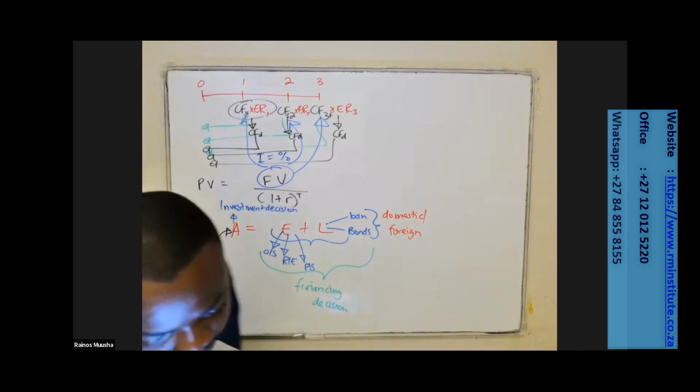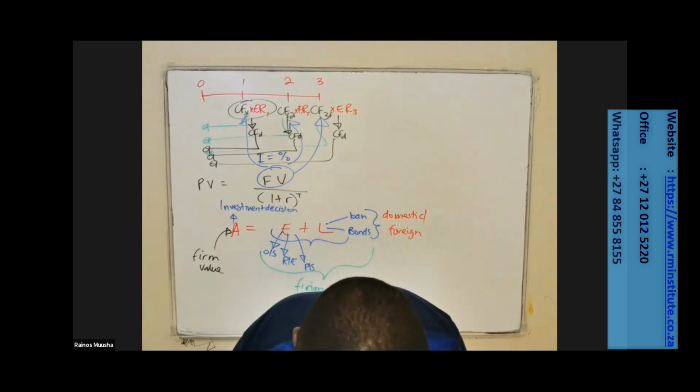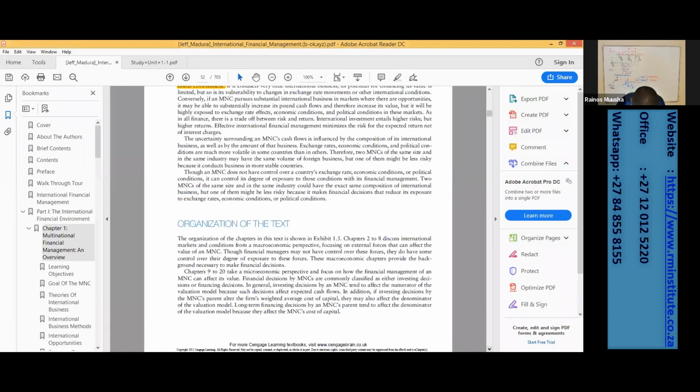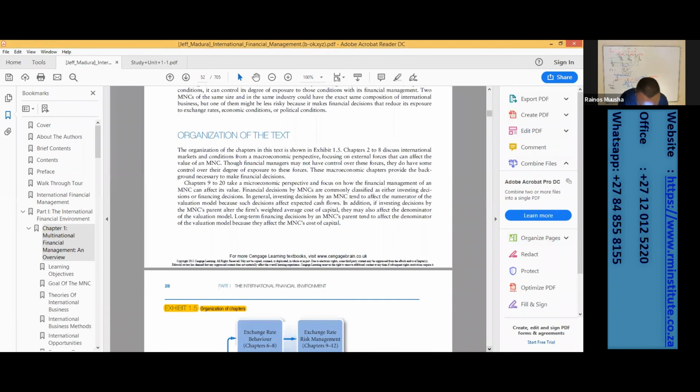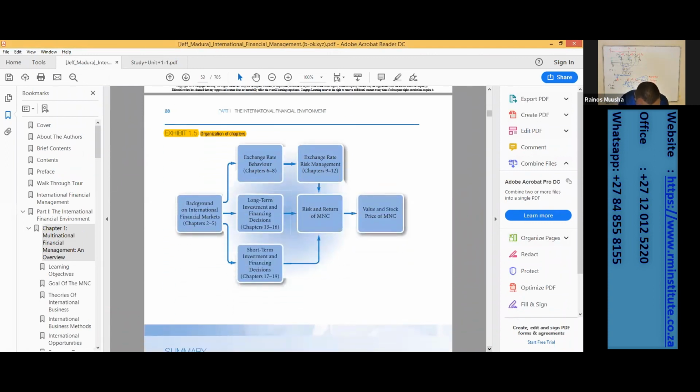All right, so on the last section of the chapter, this is basically giving us a breakdown of the organization of the textbook, where on that exhibit, they are basically saying that chapters 2 to 5 are going to be covering the background of international financial markets.